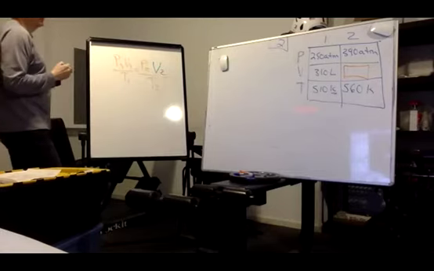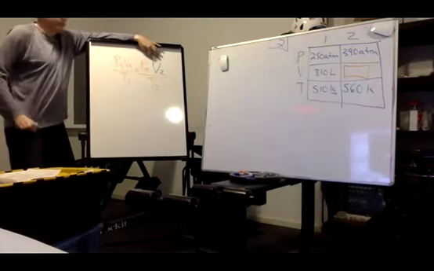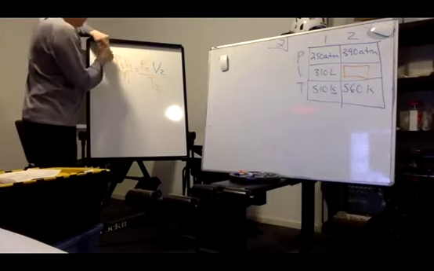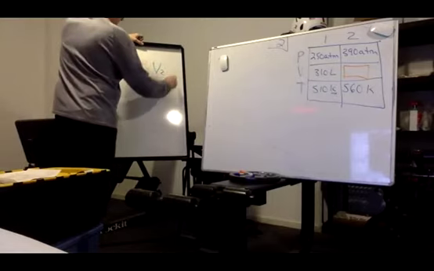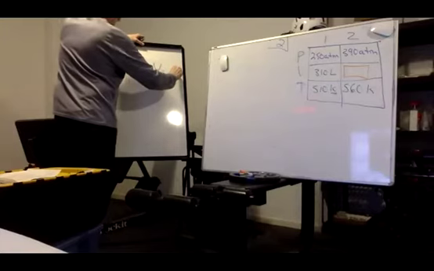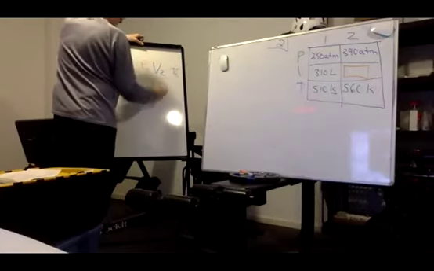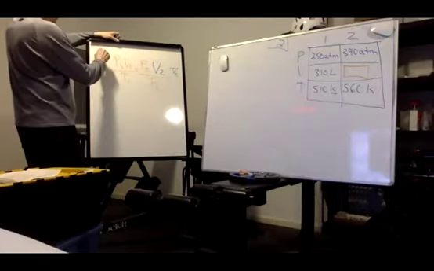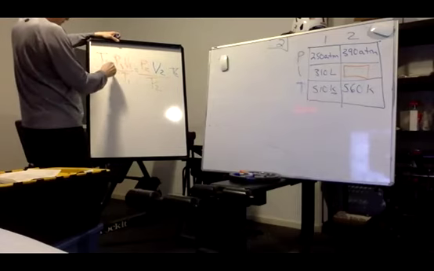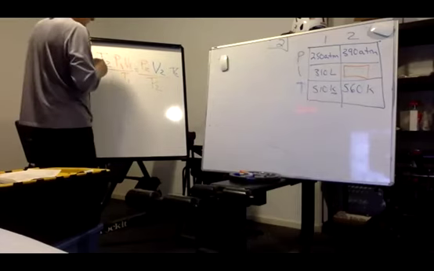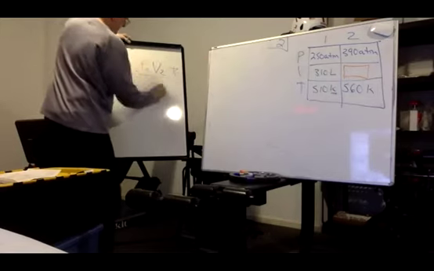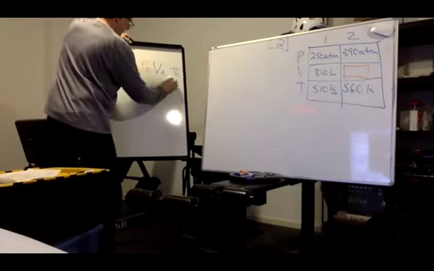In this case, the player I need to isolate is V2. So I'm going to move T2 just like I did last time, downstairs. I'm going to multiply that so it cancels. So I multiply both sides by T2, so it's upstairs on the other side. So T2 is gone.